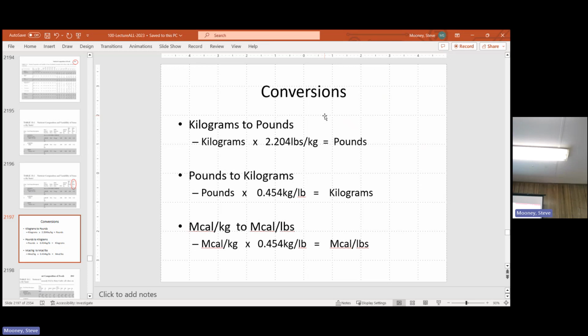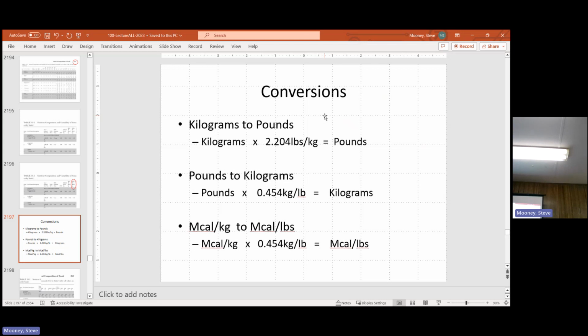That's how we make a conversion. If we're going from pounds to kilograms, pounds times 0.454 kilograms per pound is going to get us over to kilograms. So the pounds cancel out, and we're left with kilograms.